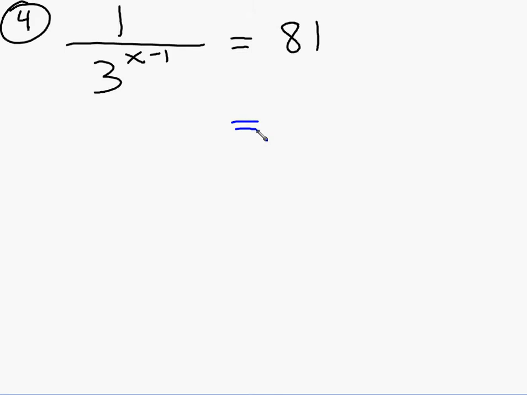This 81, I can write it as a power of 3, can't I? Wouldn't it be 3 to the 4th? But if I'm going to be able to solve this, I've got to deal with this side. This technically means 3 to the negative of x minus 1.